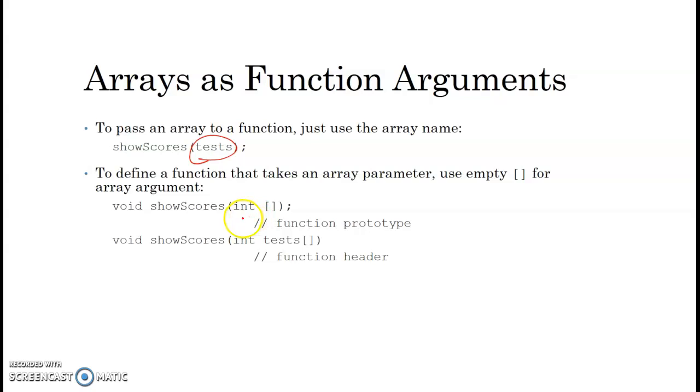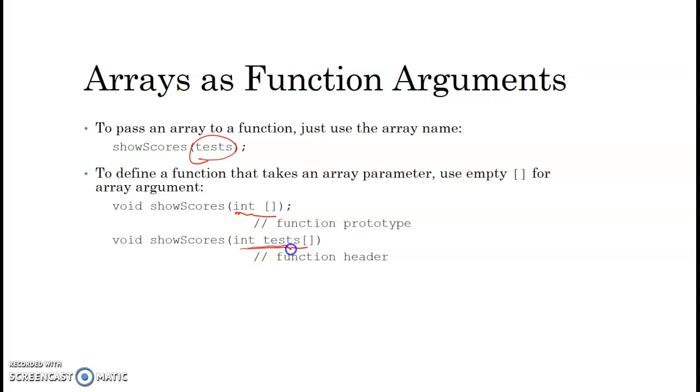When I look at the prototype, I can see that the type of data it's going to accept is an array of integer type. So I do need to use the square brackets in the formal function header to describe what it is that the function accepts, but I do not use the brackets when I pass the actual parameter.